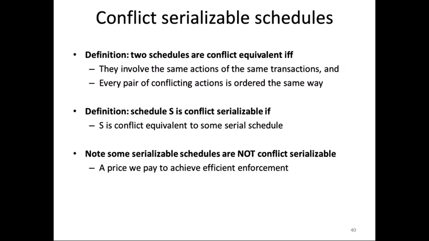So what changed with respect to the previous definition of correctness or acceptable schedules? Instead of just being result equivalent to some serial schedule, now we replace that by conflict equivalence, what we have just defined here. So an acceptable schedule for us now will be one that is conflict equivalent to some serial schedule.